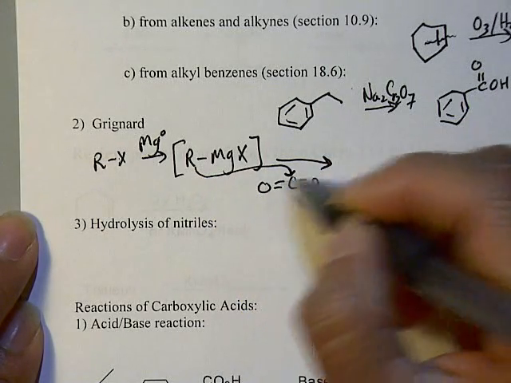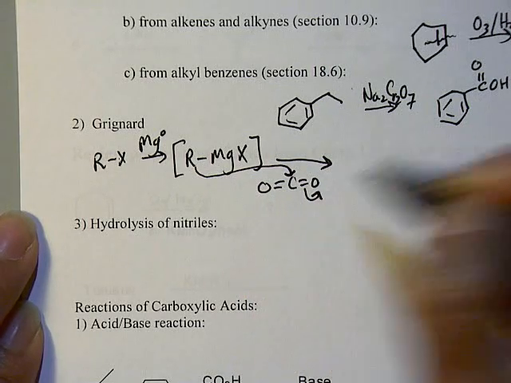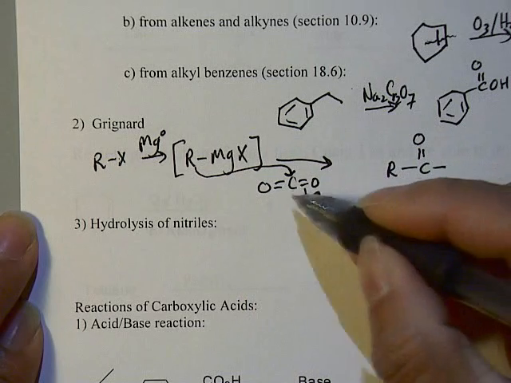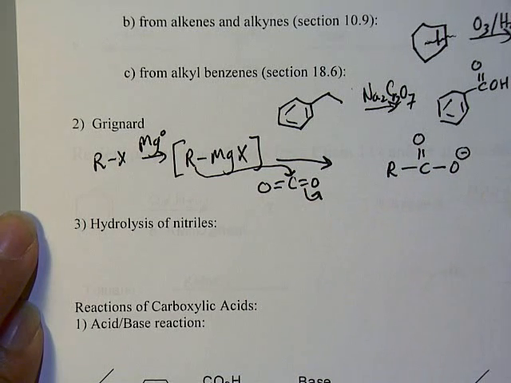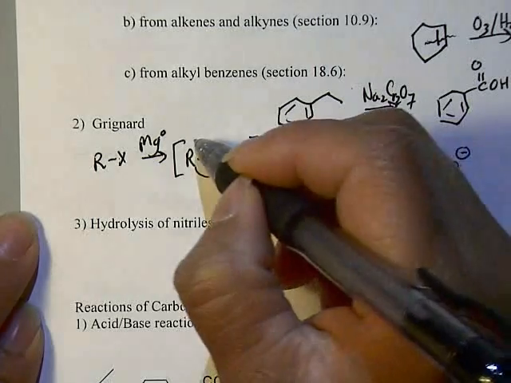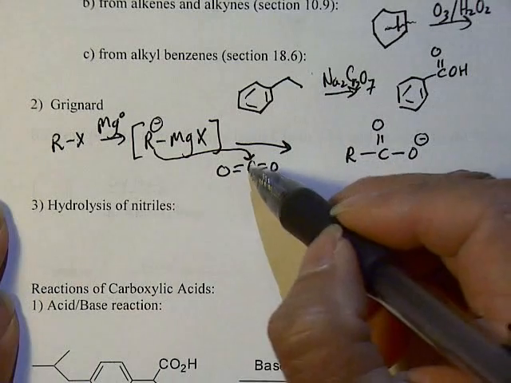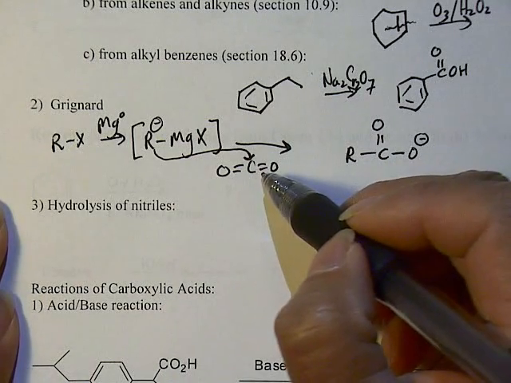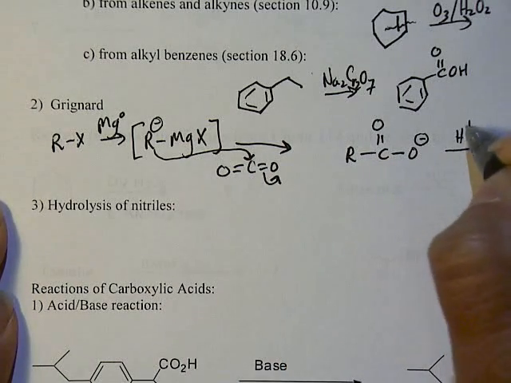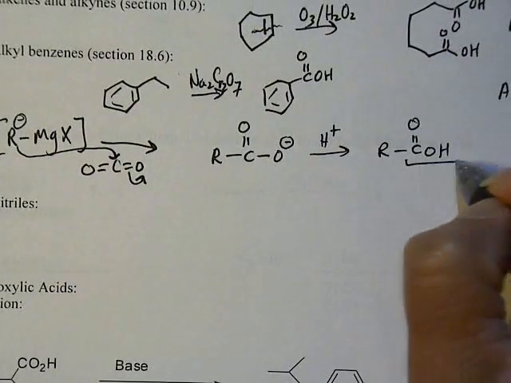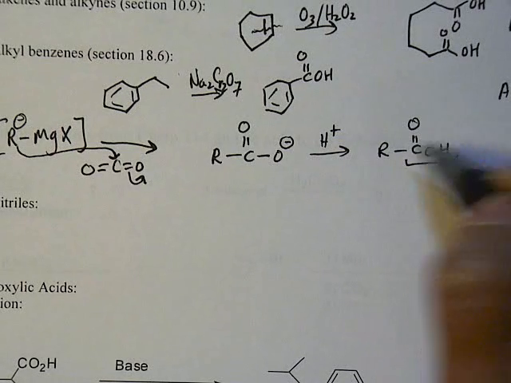Here the carbon dioxide is serving as an electrophile, and you are adding to the carbon of the carbon dioxide in the same exact chemistry that you've seen before with aldehydes and ketones. So this is serving the role of the aldehyde and ketone, and then you just need an acid to provide the proton, so that you get the carboxylic acid functional group attached to our R group.